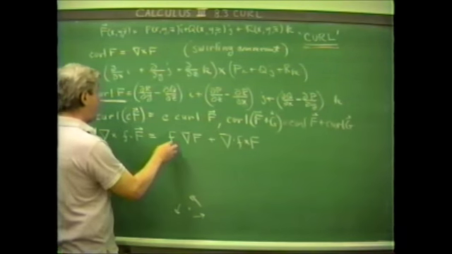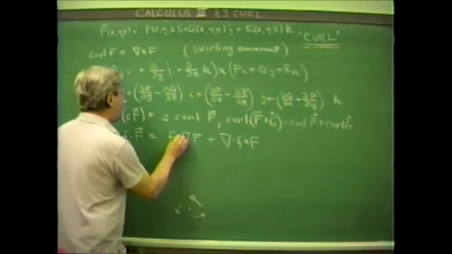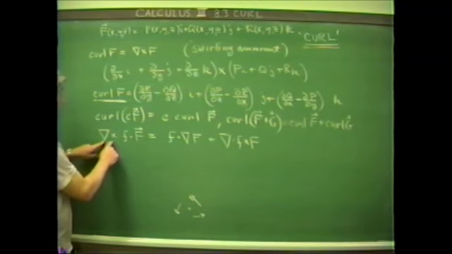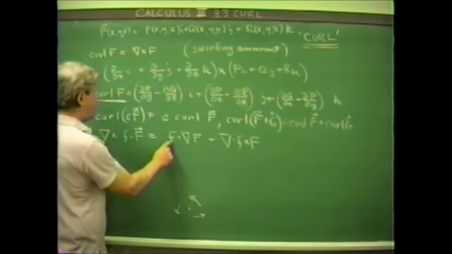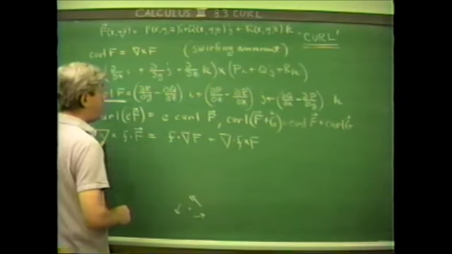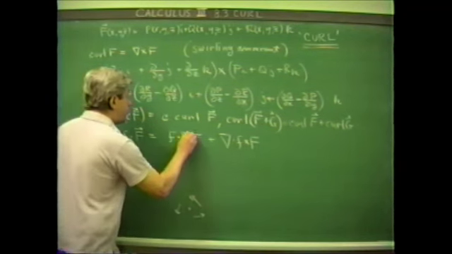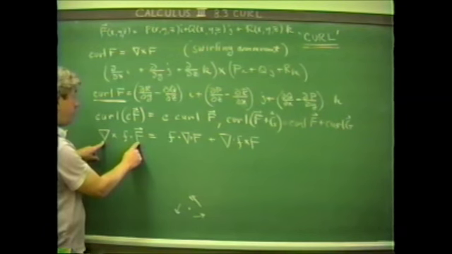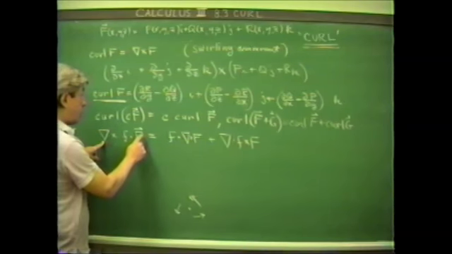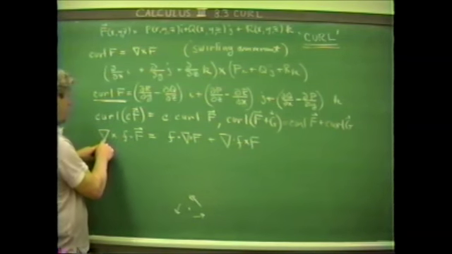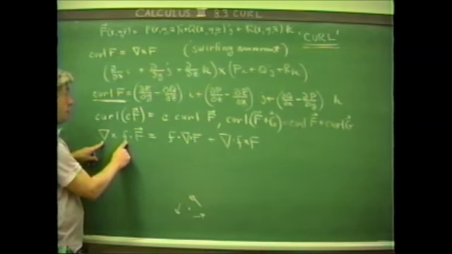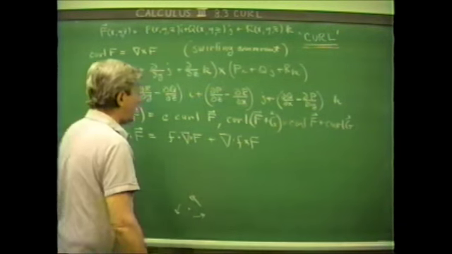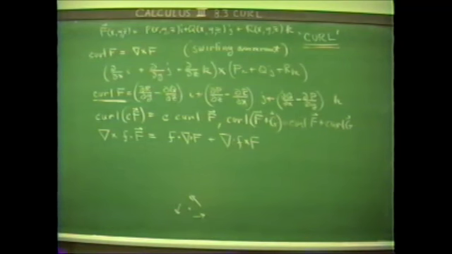We're going to get a correct formula out of this if we interpret the multiplication properly. That's to say, the curl of f times capital F is going to be f times the curl of capital F, the first times the derivative of the second, plus capital F times delta of little f. So delta of little f cross capital F. Now this takes some checking here to see if this is the case.